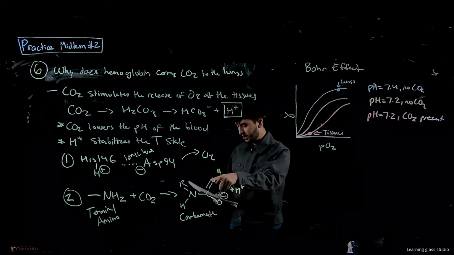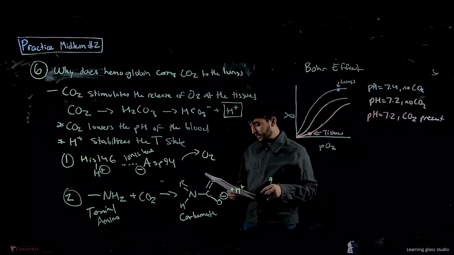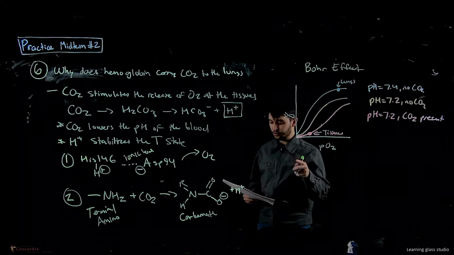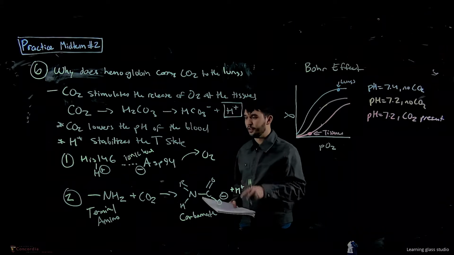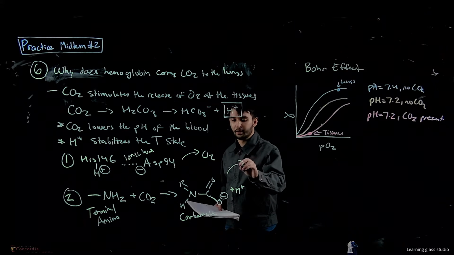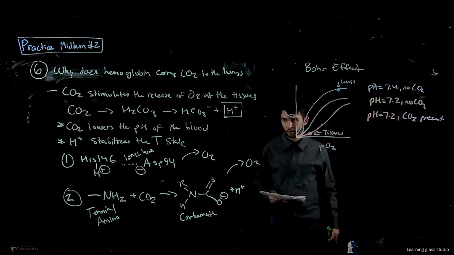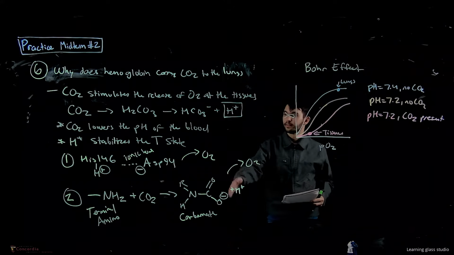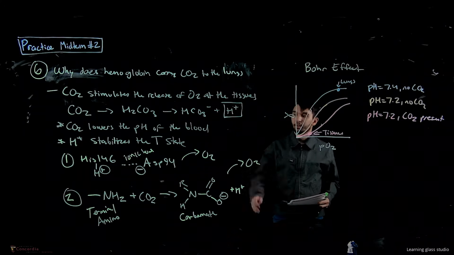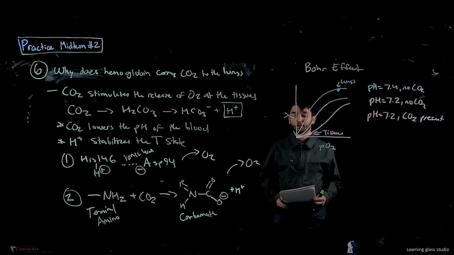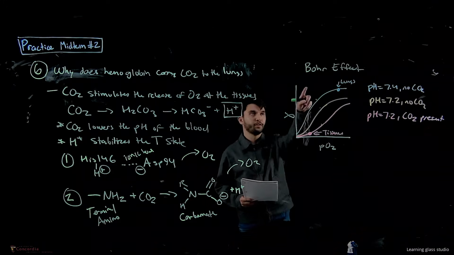But this carbamate ion existing will form a salt bridge at the alpha-beta interface within hemoglobin, and this will stabilize the T state. Again, release of O2. All right, so it's for these two reasons that H+ will stabilize the T state and will result in the release of oxygen. This is what's known as the Bohr effect.